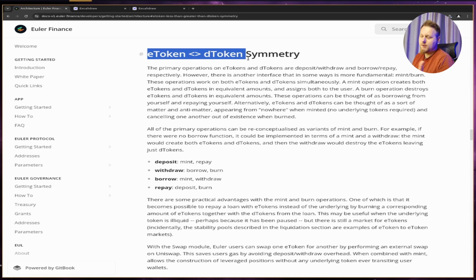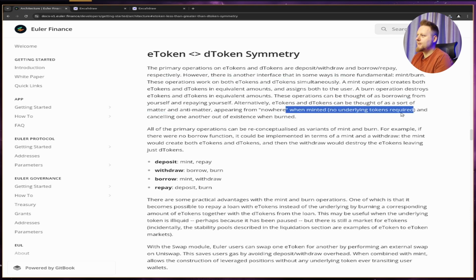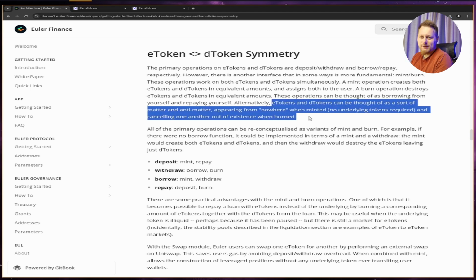E tokens and D tokens are symmetrical. That means you can mint and burn simultaneously, so you can increase both your collateral and your borrow tokens. You can also see that they can be treated as opposite forces.